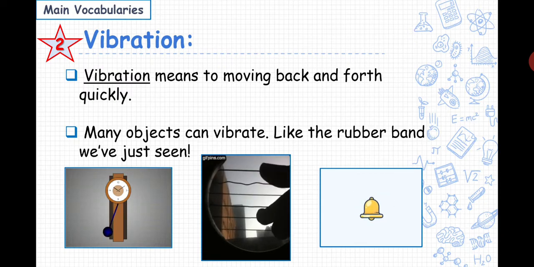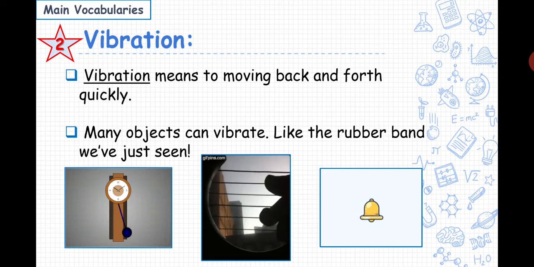Many objects can vibrate and as a result can produce sound, as the rubber band we have just seen. Another example is that wall clock. As you see, it has this lower part that swings back and forth. Look at the picture at the middle now.